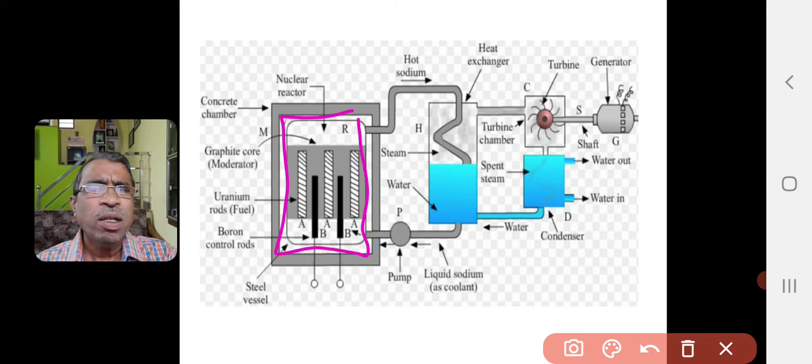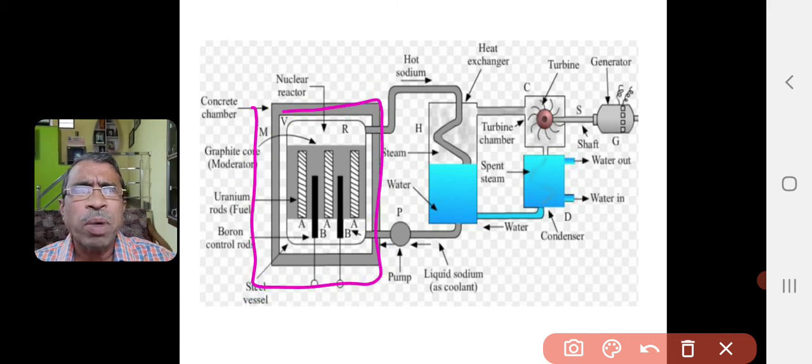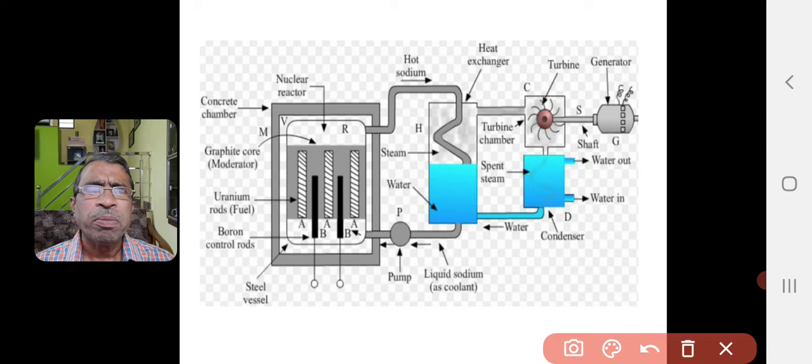The reactor core is surrounded by a concrete chamber to avoid radiations coming out from the system.